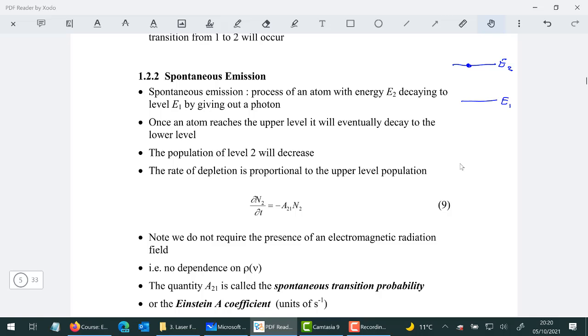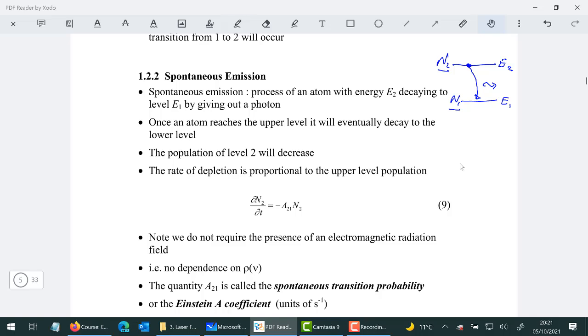Now, we've said that this is a spontaneous process, so basically we have to just wait for a while, and then eventually the atom will go down from level 2 into level 1, and it will give out some light. So in that process, we've decreased the number of atoms in level 2, and we've increased the number of atoms in level 1.